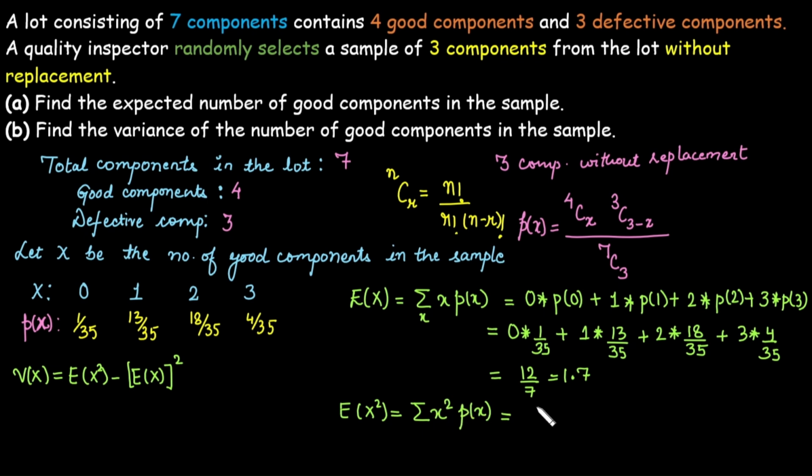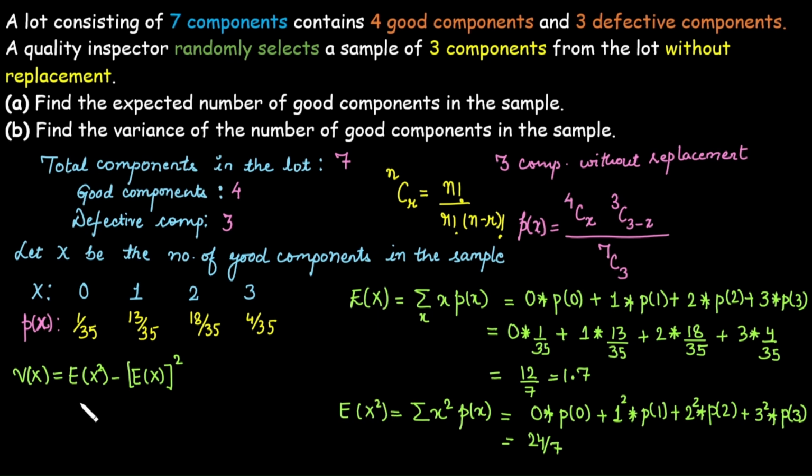So here 0 into probability at 0, plus 1 square into probability at 1, plus 2 square into probability at 2, plus 3 square into probability at 3. Plug the values of probabilities and you will get the expected value of x square as 24 by 7.